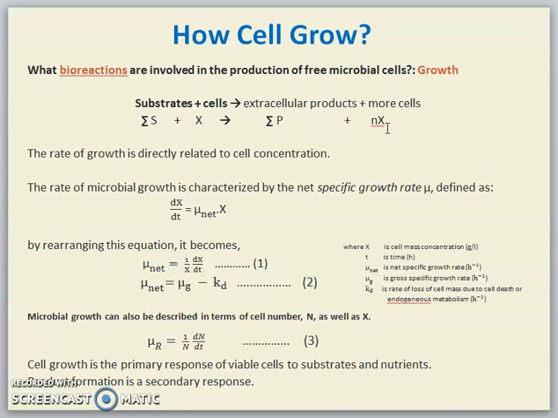From the equation itself, you can observe that not only do we produce the bioproduct, but we also grow more cells that would enhance the production of more bioproducts. So the rate of growth is directly related to the cell concentration, and cellular reproduction is a normal outcome of the reaction.